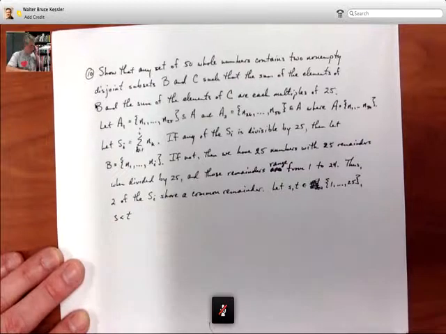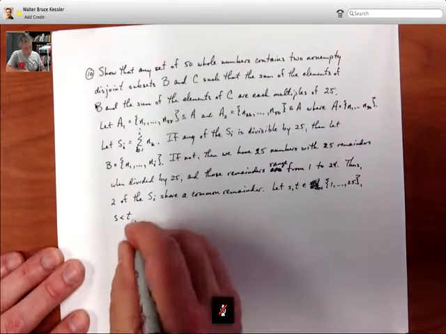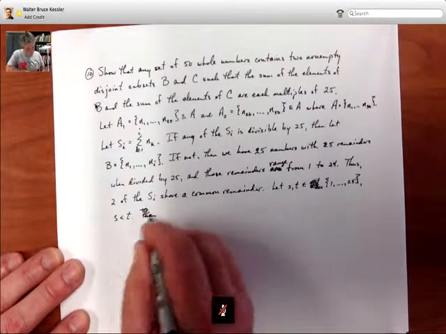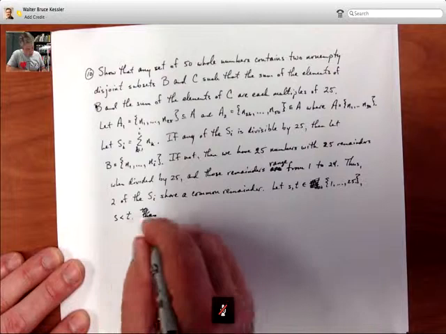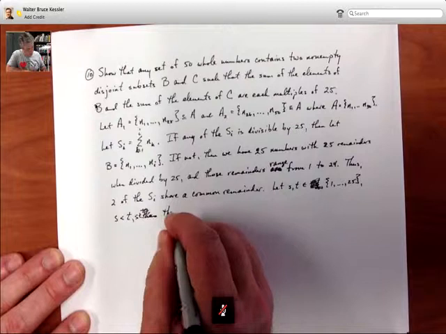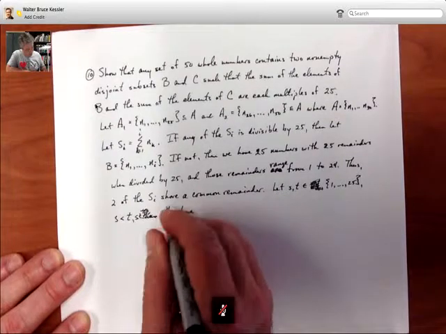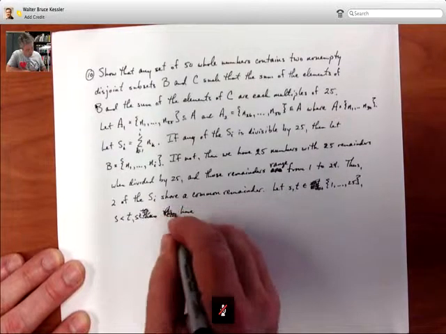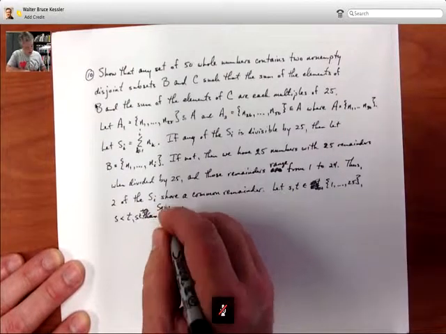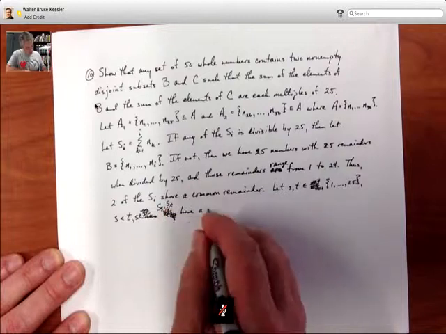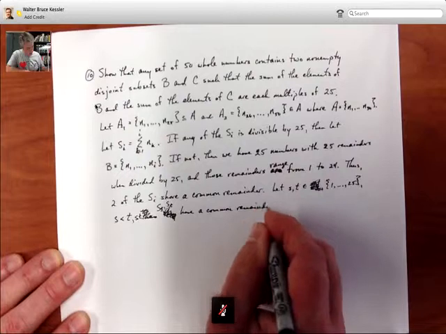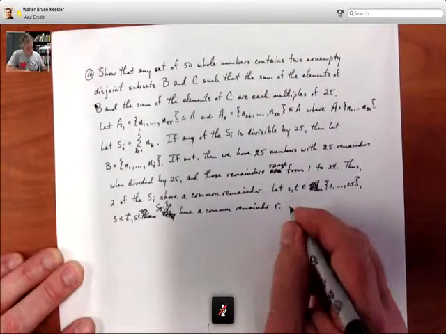And I'll let s be less than t, such that, I'm sorry, I didn't even say what they're supposed to do. Such that, sorry, I'm having a rough time with this one. S sub s and S sub t have a common remainder r.